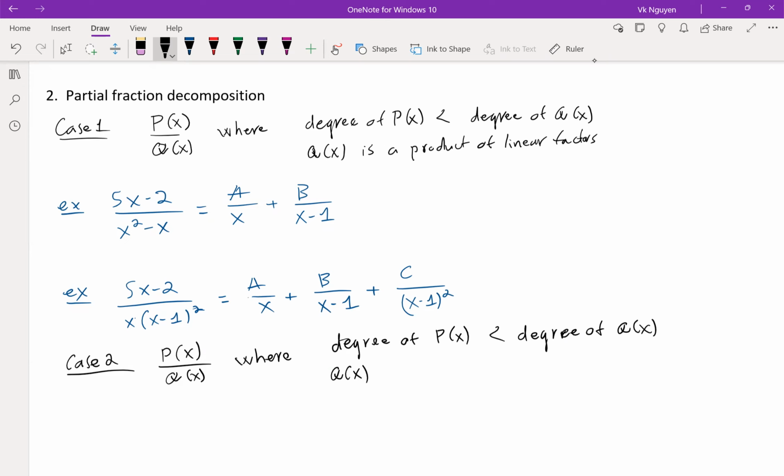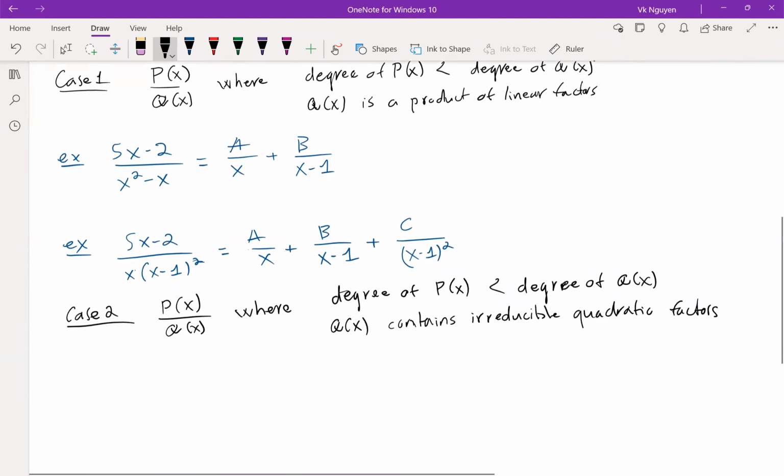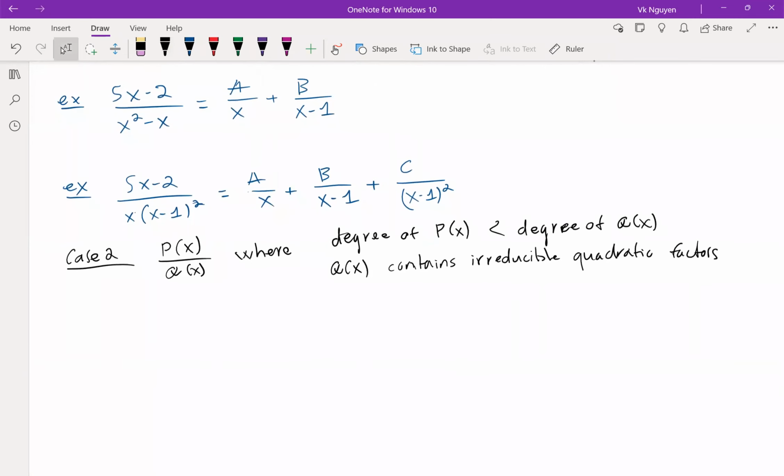So q(x) contains an irreducible quadratic factor, similar to the example that we have up here. So here comes an example.